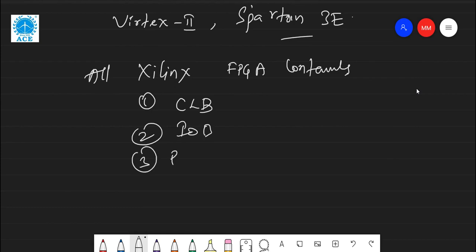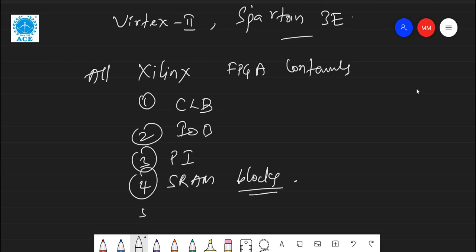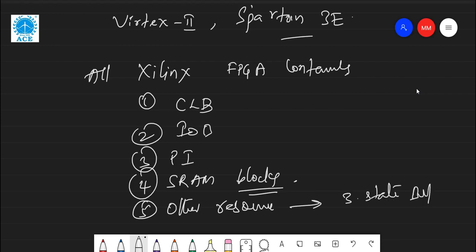Third is PI, programmable interconnections, and fourth is SRAM blocks. Fifth is other resources, for example three state buffers or global buffers, etc.